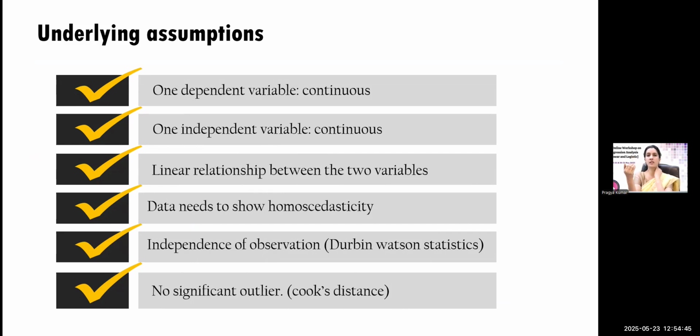But what is this Durbin-Watson statistics? Generally, this is an assumption of autocorrelation. We call it independence of observation of residual. If you are measuring something, let's say skin thickness with a caliper, initially we are not very much trained at measuring.